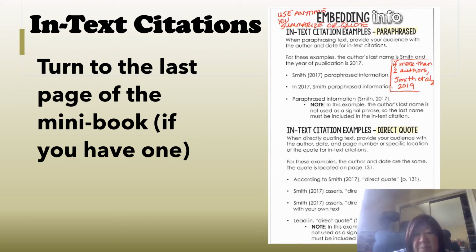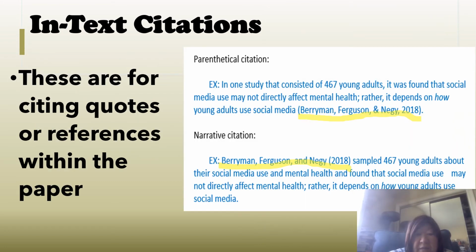It says turn to the last page of the mini book, but you don't have a mini book, so you can just read the one that's there. And this is what it looks like incorrectly, by the way. You can talk about this one study, and then they list 3 authors and then the year, but all you have to do is say Berryman et al. 2018. Same thing here.